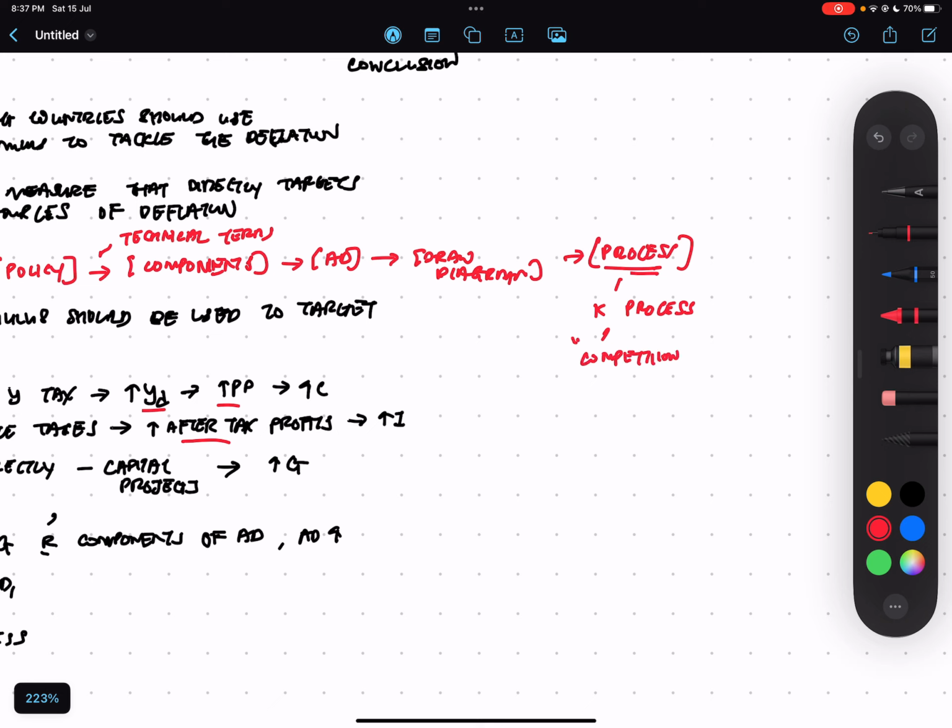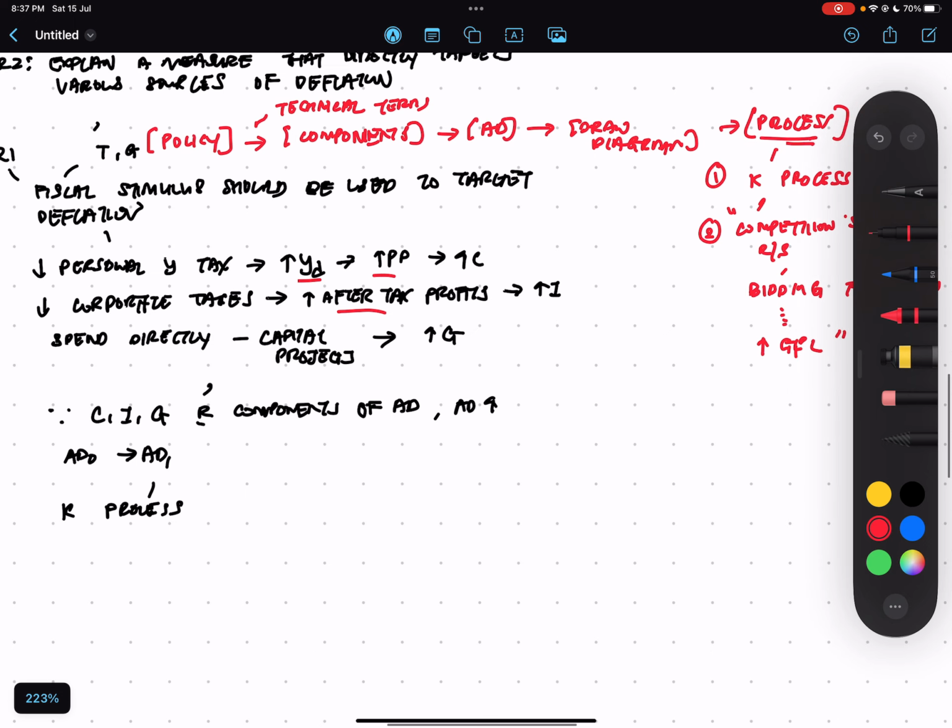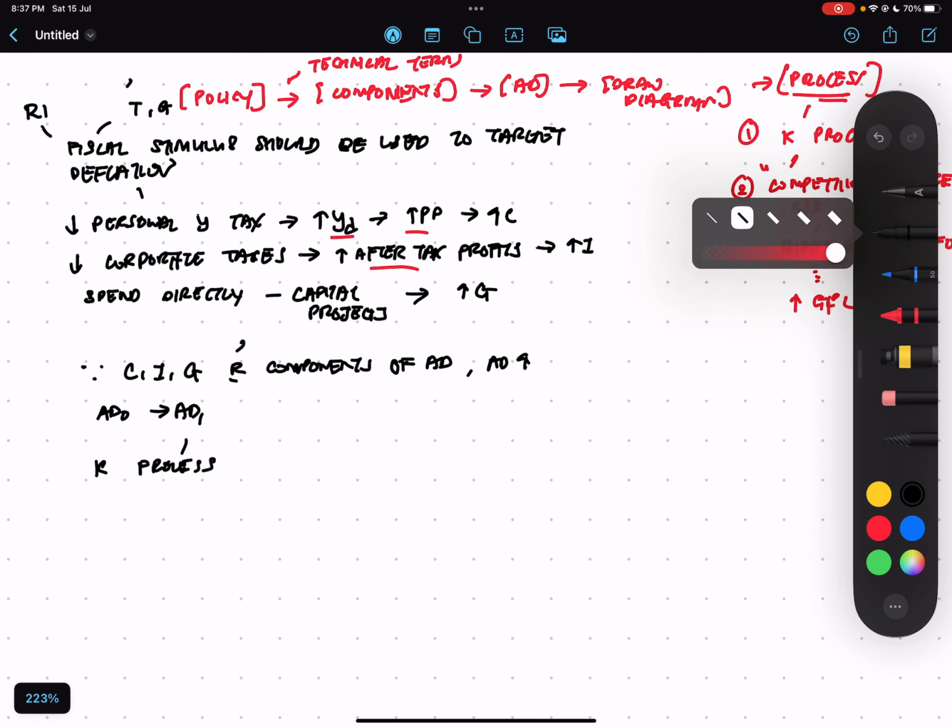And then as a result, there will be bidding for factors of production, and then so forth, and how it increases GPL. Later I'll flesh this out a little bit more. Yeah, so but basically you want to talk about the K process as well as the inflationary process. Okay, so where was I? Yeah, so we're going to start with the K process first.